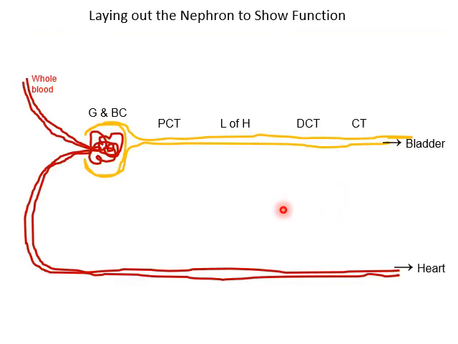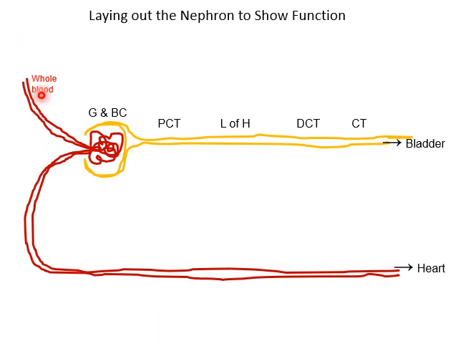So we want to talk about the function of the nephron. To make it a little bit easier to understand, what I've done is pulled that nephron and laid it out flat. So we've got the glomerulus in here, surrounded by the Bowman's capsule, BC, proximal convoluted tubule, loop of Henle, distal convoluted tubule, collecting tubule, which is going to drain into the bladder.